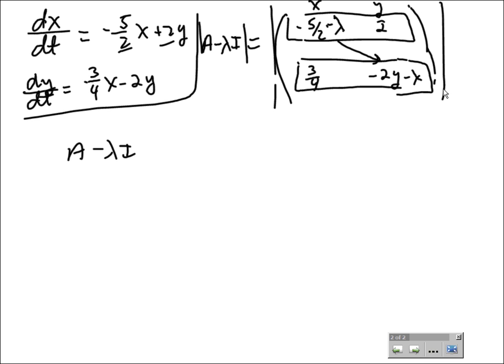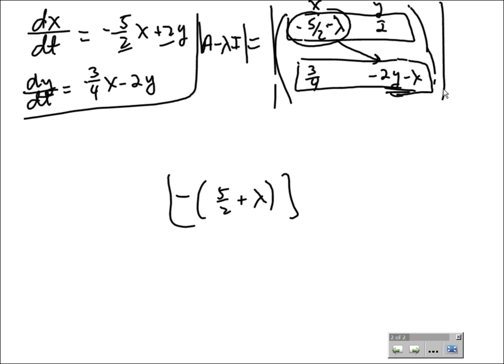Now, both of those factors, we can factor out a negative here. I can say it's negative 5 halves plus lambda times this. I can factor out a negative: 2 plus lambda. The negative times the negative is positive.